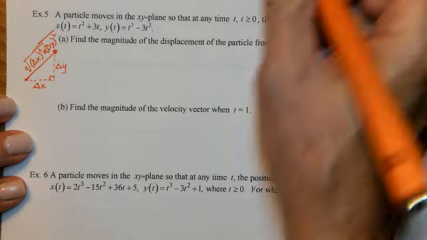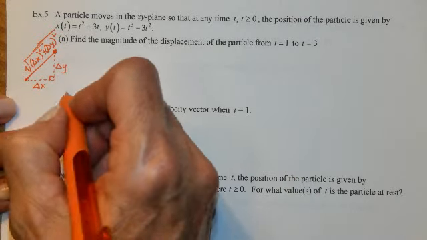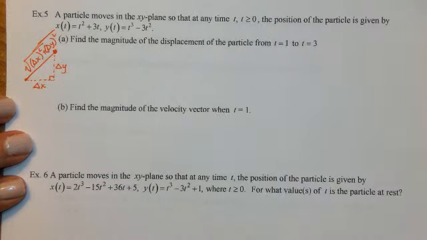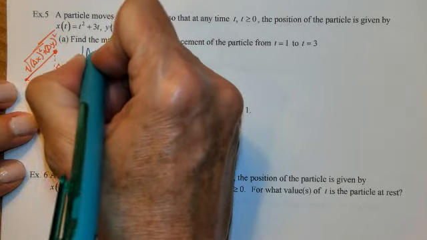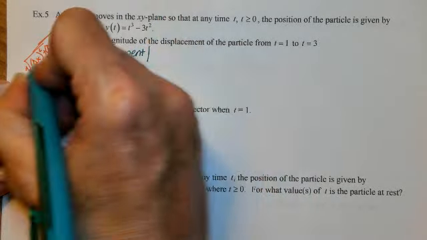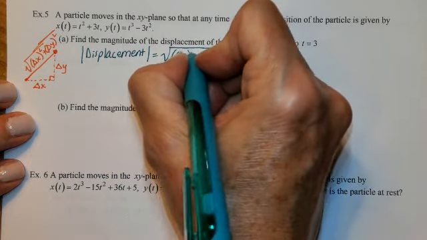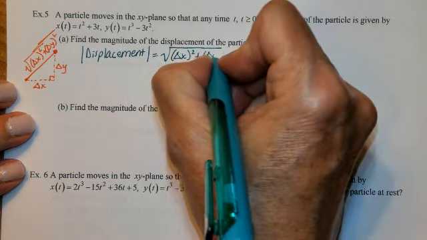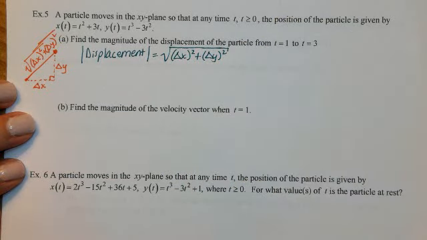So the magnitude of displacement is the length of that line. So that is just the square root of change in x squared plus change in y squared. No integral, no derivative, just change. All right?